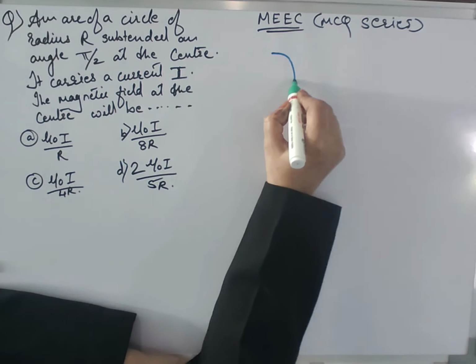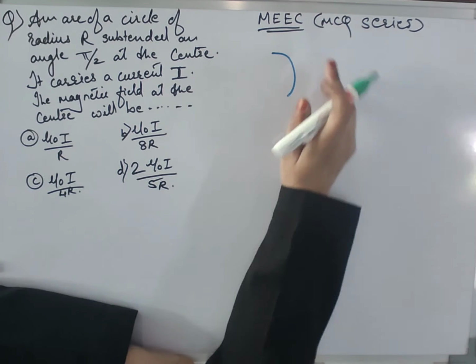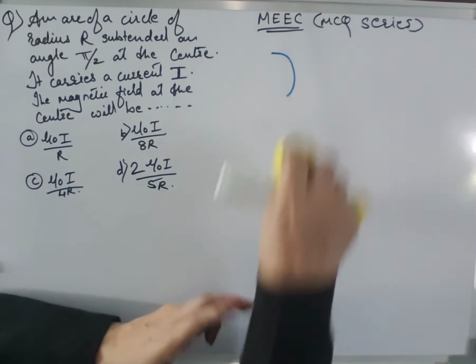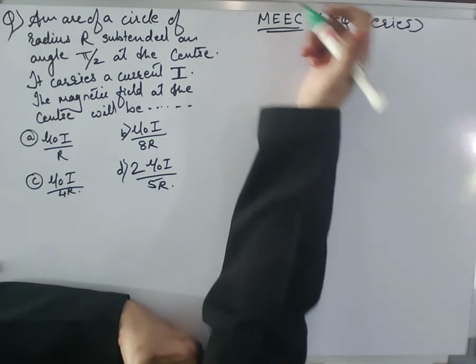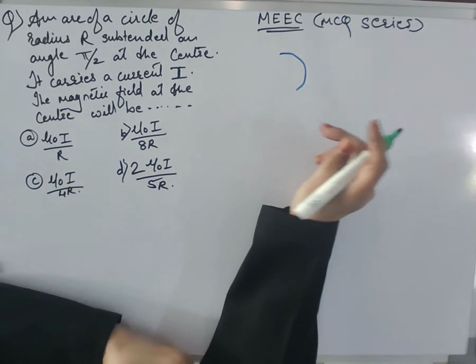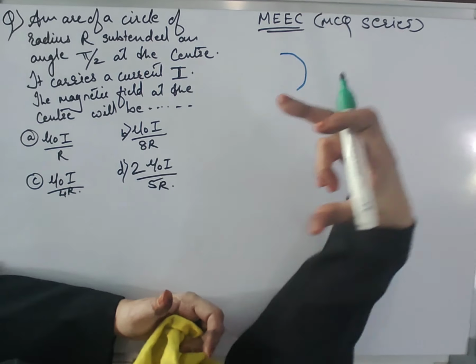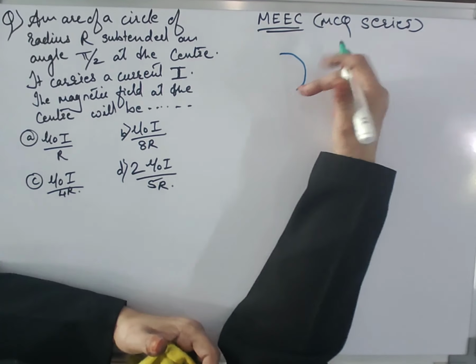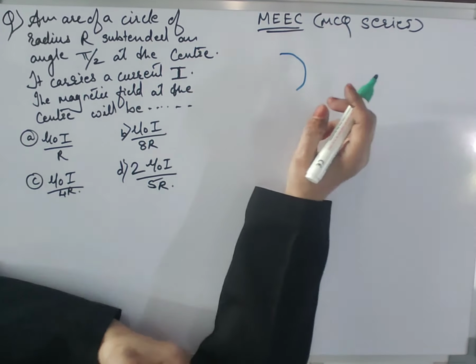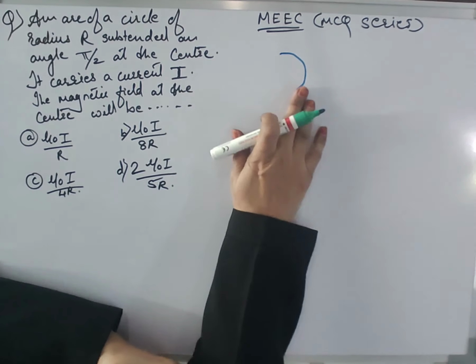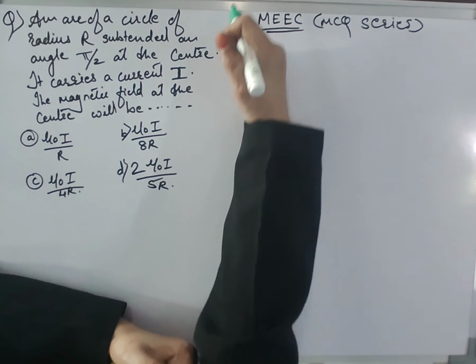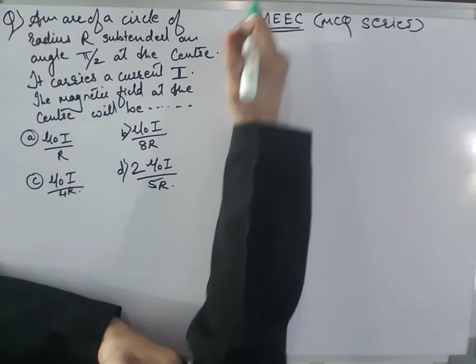In 10th itself, in maths we have studied arcs. In simple words, an arc is a piece of a broken bangle. So this is the arc of a circle of radius r.